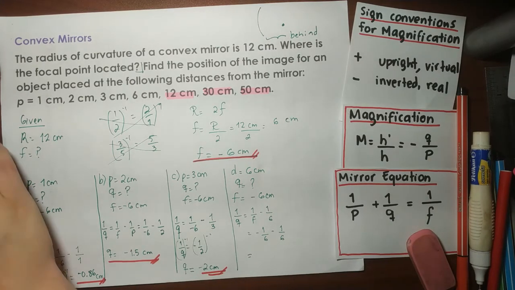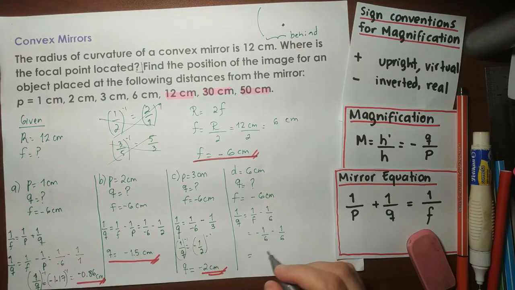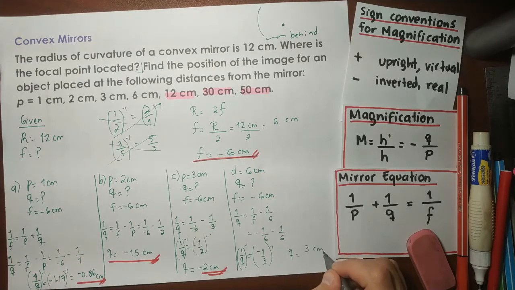I have negative 1/6 minus 1/6, so 1 over Q equals negative 1/3. Now to find Q, we need the reciprocal of both sides. So Q is going to be equal to negative 3 centimeters.